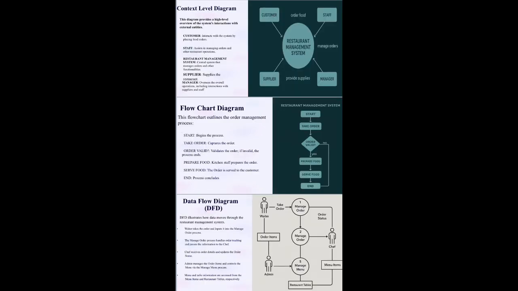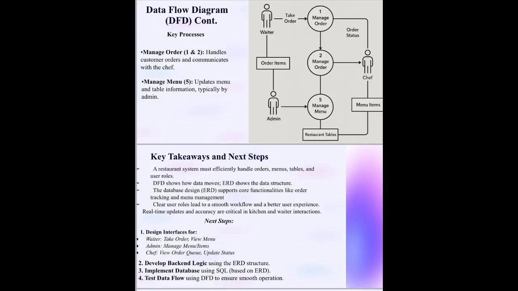We also have the context level diagram, the flowchart diagram, and the data flow diagram. The data flow diagram shows how the orders are processed and managed. When a waiter takes an order, manage order 1 and 2 handles the customer orders and communication with the chef about whether the food is available or not. When the chef confirms the status of the order, manage menu 5 updates the menu and the table information.